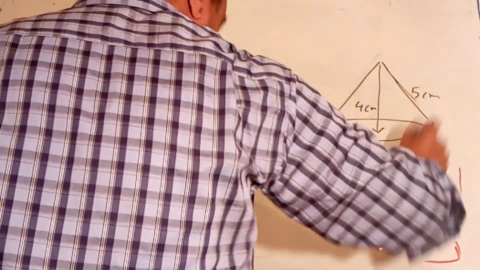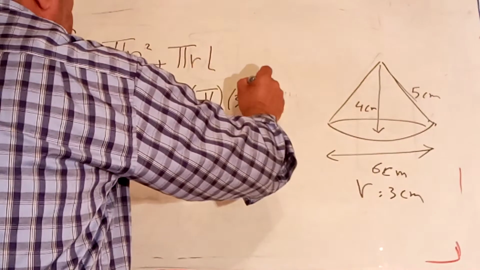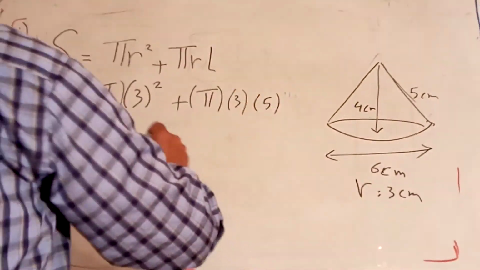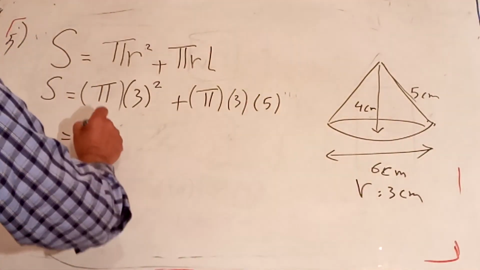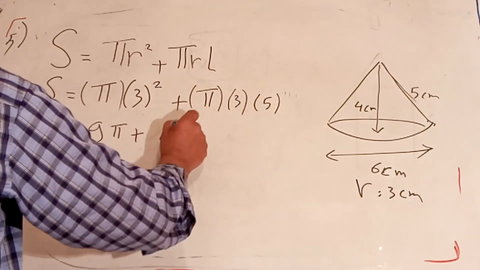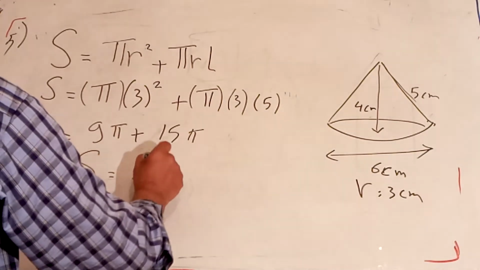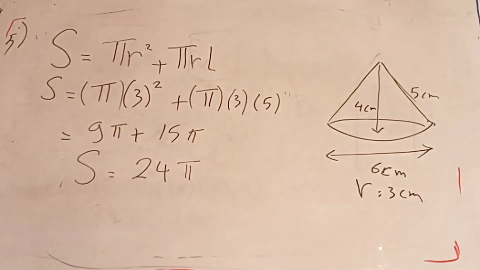The l is the length of the side, it's 5. So this will be 9 pi plus 15 pi, which is surface area equal to 24 pi. That's all.